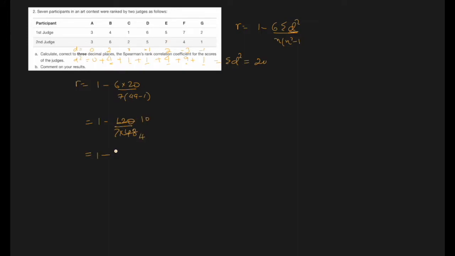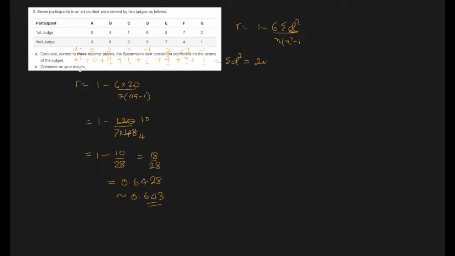So 1 minus 10 over 28, which will be 18 over 28. And if you want to convert this to decimal, it will be 0.6428, or they said 3 decimal places, so it will be 0.643.